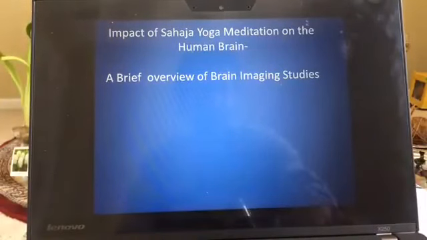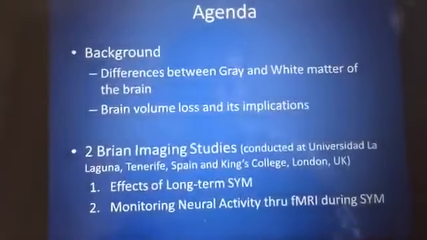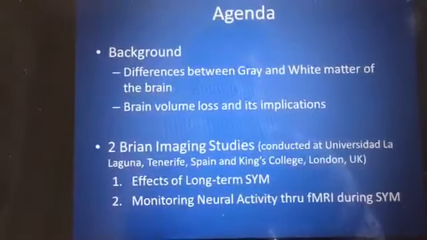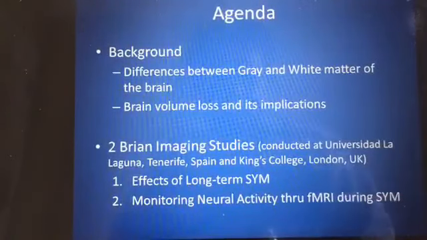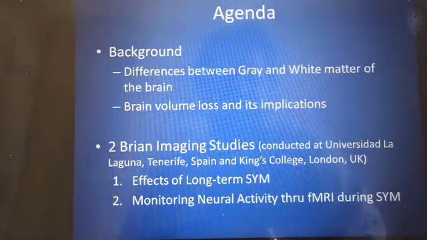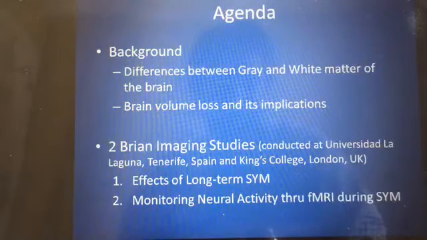Before we get started, what I would like to do is to have a brief overview of what the agenda actually looks like. So what we'll do is we'll look at differences between the gray and white matter of the brain, and look at brain volume loss and its implications.